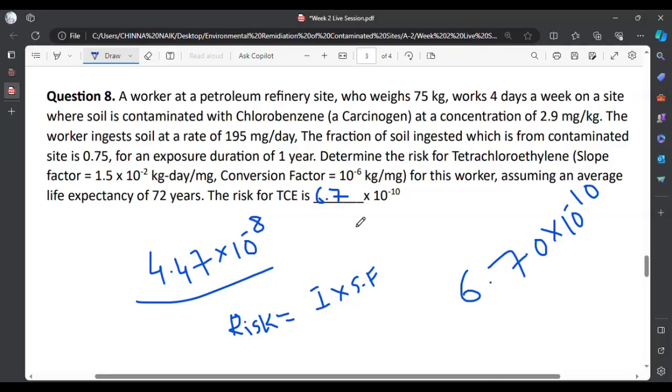So now let me know, guys, is this risk, whatever the risk analysis done by you guys, around 6.7 into 10 power minus 10, an acceptable limit risk or unacceptable risk?